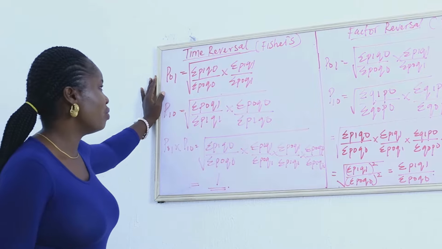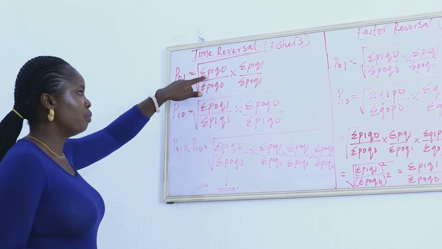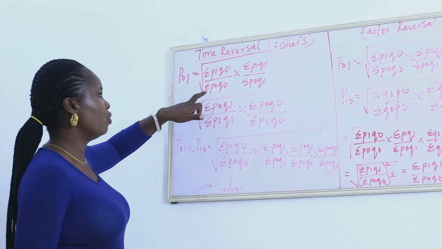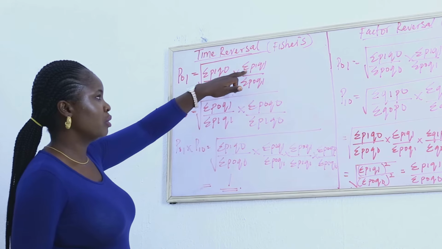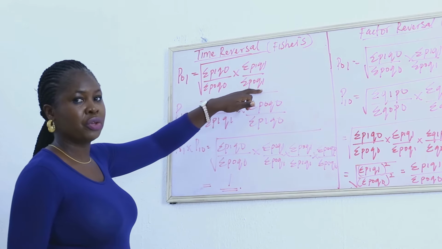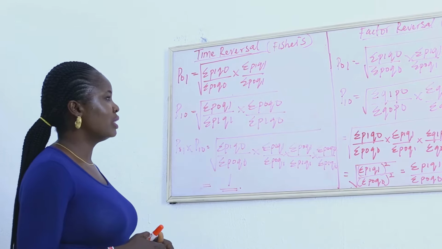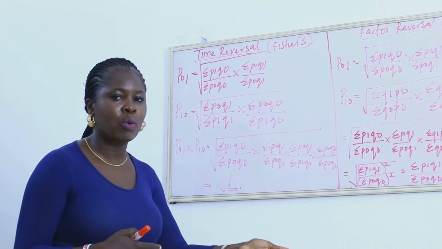Looking at the time reversal test, the formula for Fisher's ideal method is the square root of summation of P1 Q0 all over summation of P0 Q0, multiplied by summation of P1 Q1 all over summation of P0 Q1. Like we said, we want to see if it can go backward and forward.